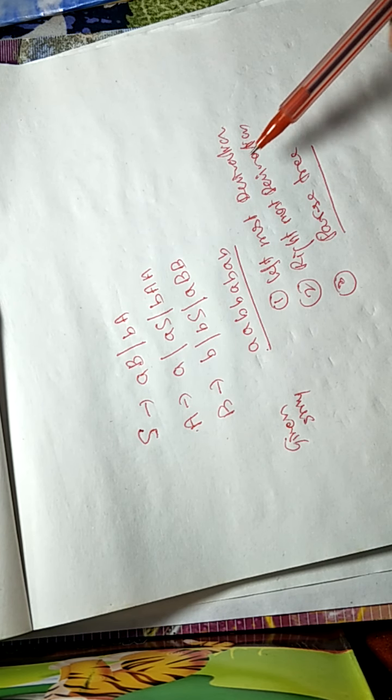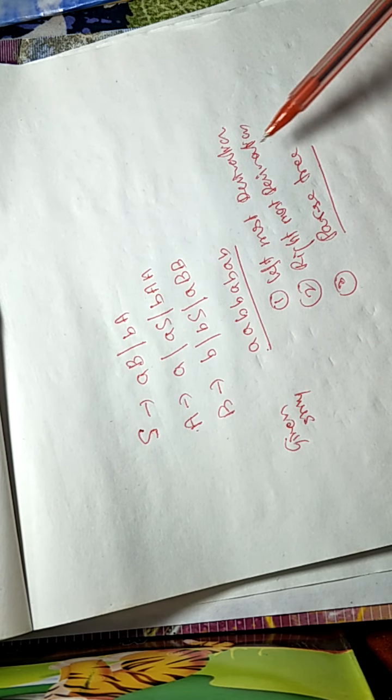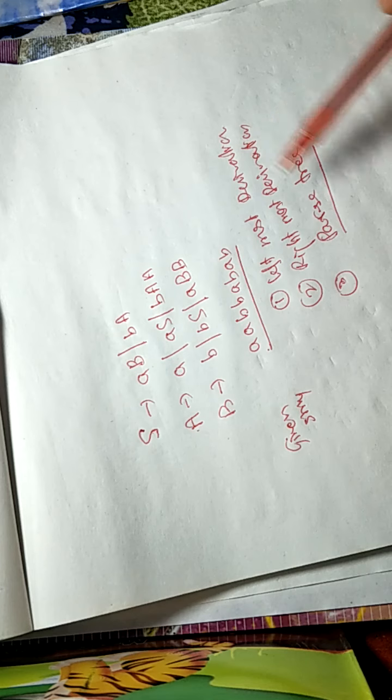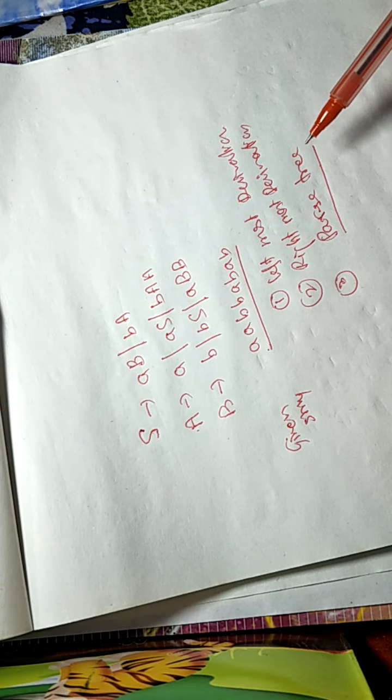In most cases it may be the same, it may differ for both derivations. So the parse tree may differ for leftmost or rightmost, or it may be the same, and it depends on the productions used in leftmost or rightmost. If we use different productions, then the tree may be different. So you are supposed to derive this string from this grammar using leftmost derivation and rightmost derivation.